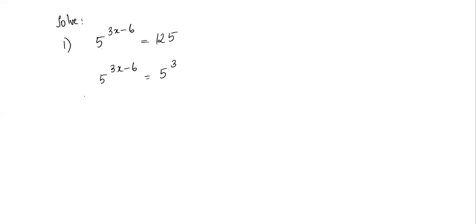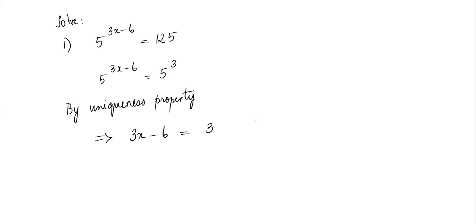And by the uniqueness property, you notice that the entire left-hand side has the base 5 raised to the power 3x minus 6, and the entire right-hand side has the base 5 raised to the power 3. So this implies 3x minus 6, the power, is equal to the power on the right. Set the powers equal to each other.